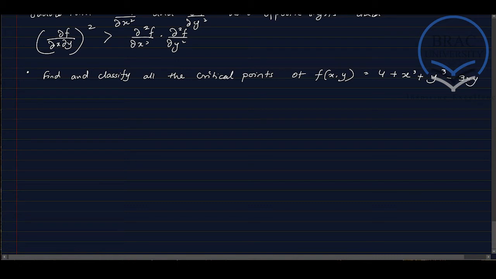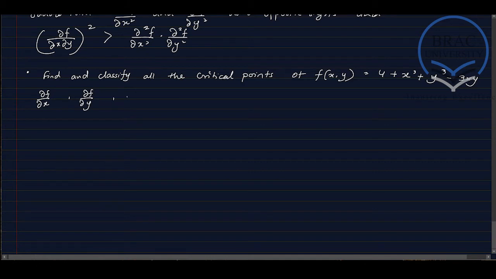So we need to find a few things. From the conditions, we need to find df by dx and equate it to 0, and also df by dy, because we need to equate both of these to 0 to find the critical points.